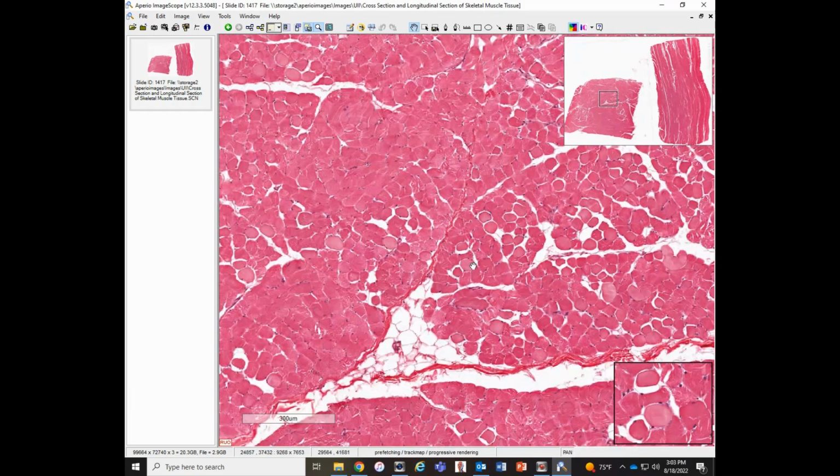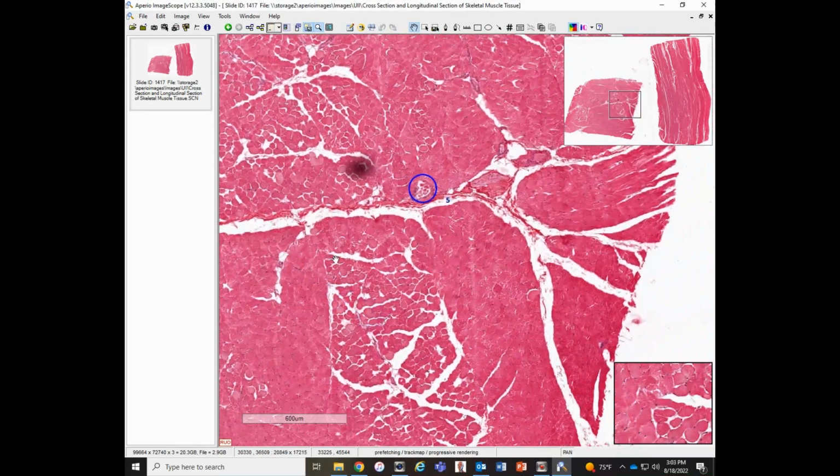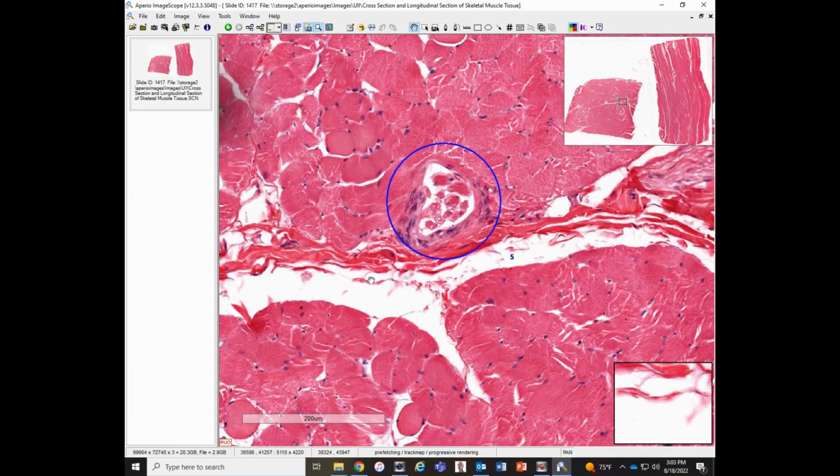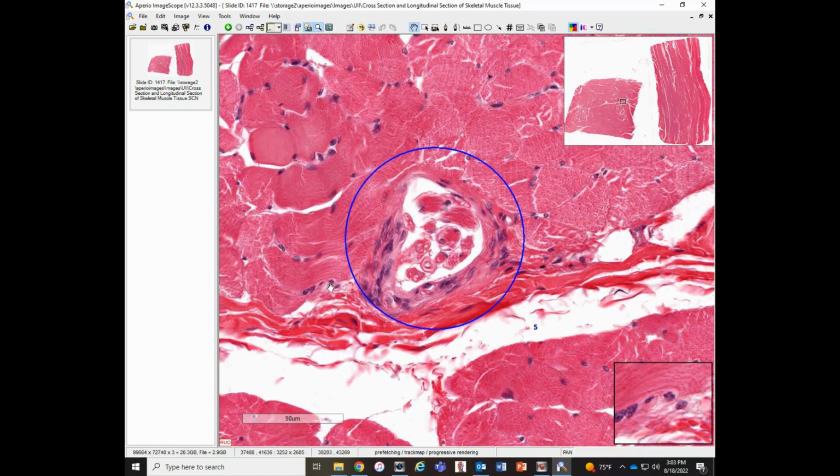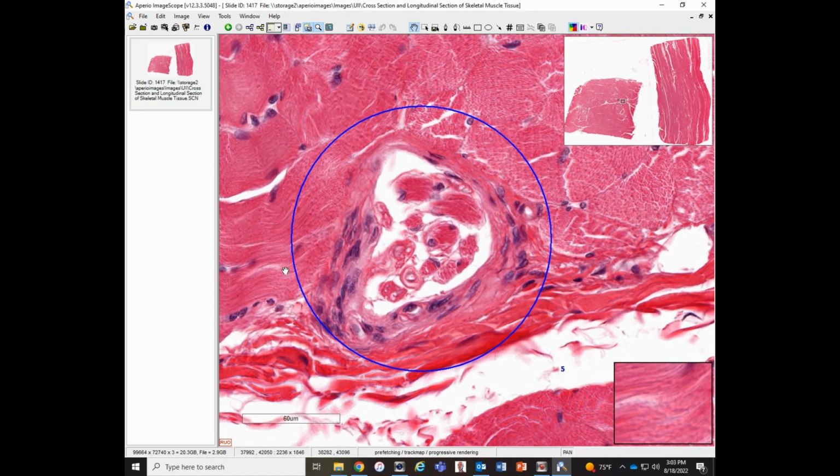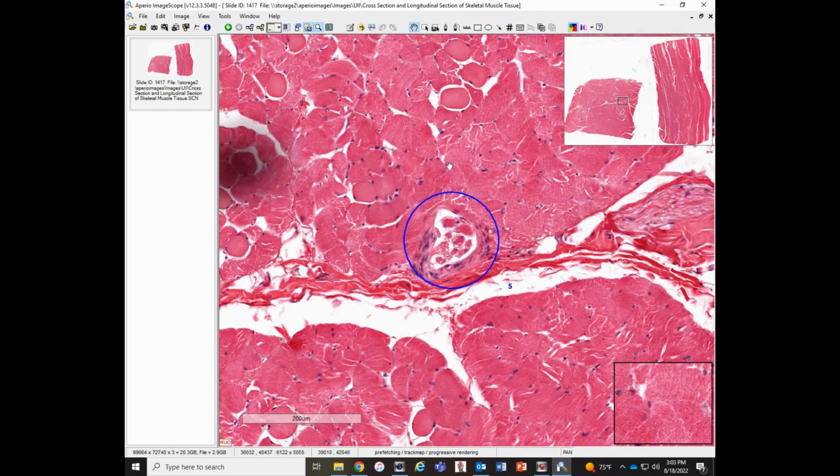Now if we take a look over here, we've actually got something very cool circled by number 5 here, and I'm showing it to you right now because we don't have any other examples in this slide. But basically we have some smaller isolated skeletal muscle cells surrounded by connective tissue within a larger muscle. This is one of the sensory structures that actually is inside muscle.